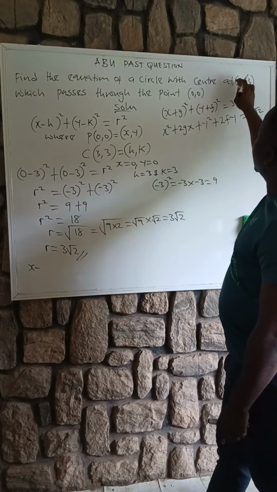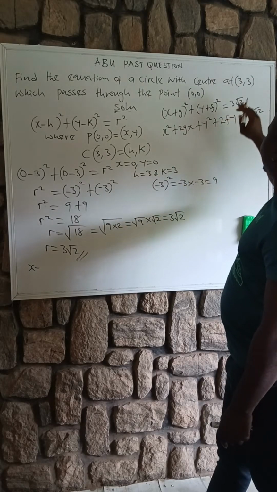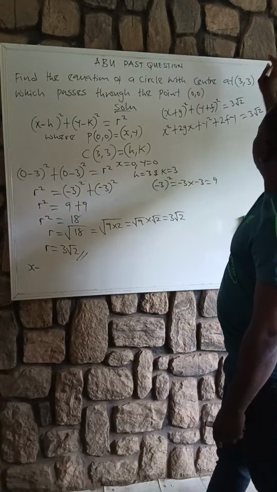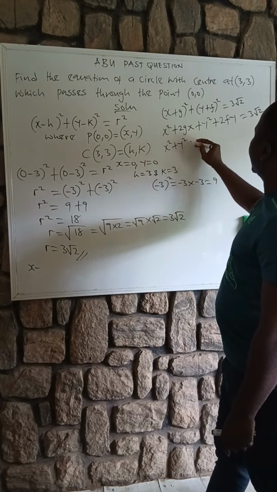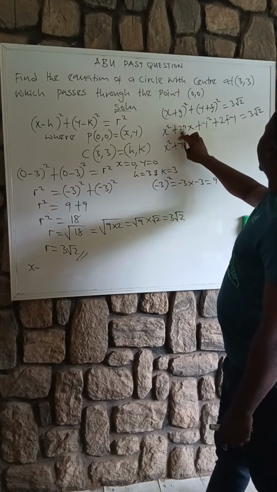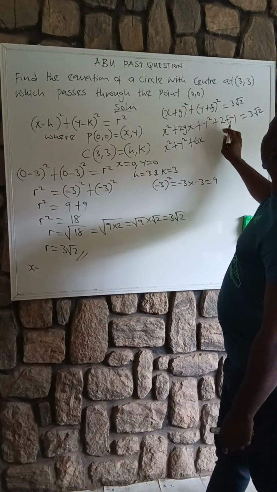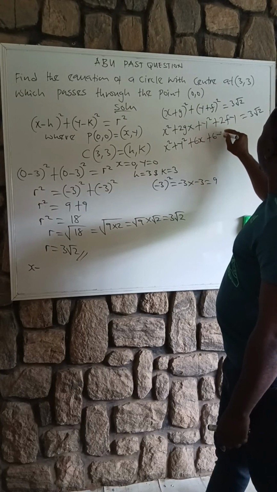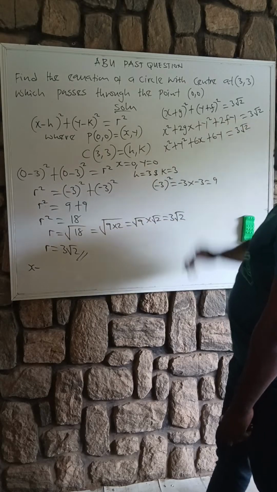So it means our g is this, and f is this, right? So x squared plus y squared plus 2 times 3, 6x, plus 6y equals 3 root 2.